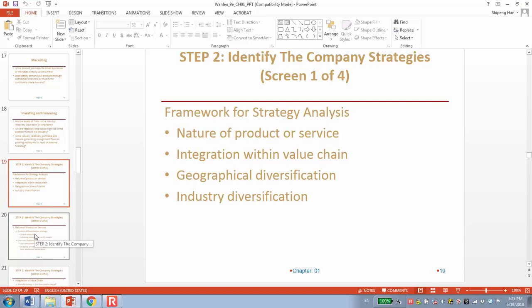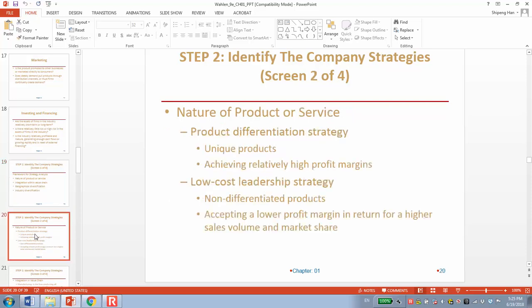Let's start from the first one, nature of the product and service. This is one perspective to analyze company strategy. In our world, regarding this perspective, there are 2 types of business.